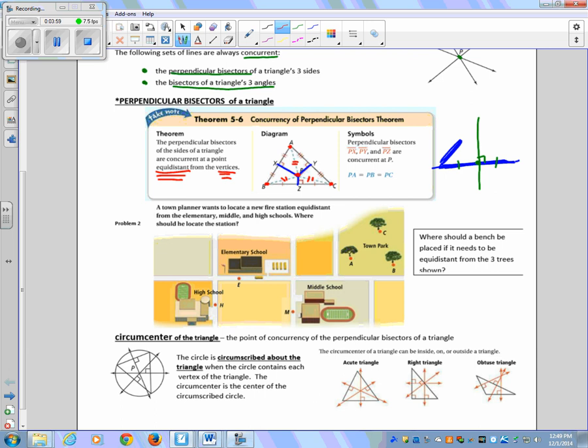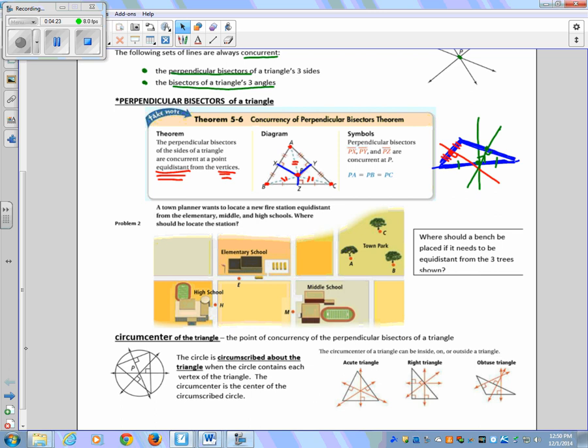Make the perpendicular bisector of the segment. So first you would find the midpoint and then put perpendicular through it. And then the third side of the triangle. Again, you have to kind of treat each one separately. You're going to find the midpoint of that side and then put a perpendicular through it.